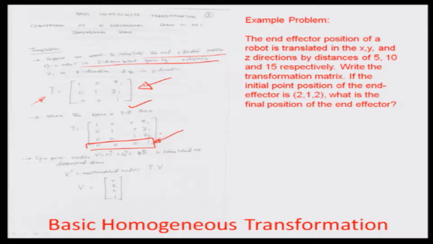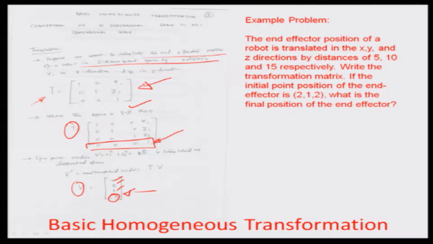So, here in this case we just add a dummy variable 1 to the 3-dimensional coordinate system, RST. These are the initial vectors and this is the transformation matrix. So, the transformation matrix times the initial vector becomes the final end effector position.